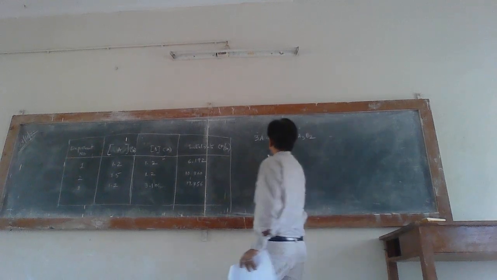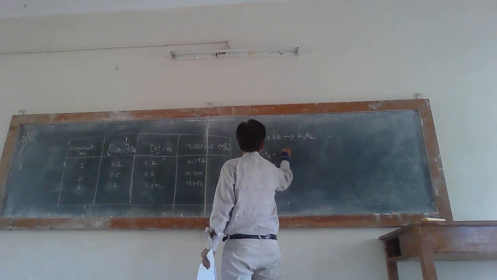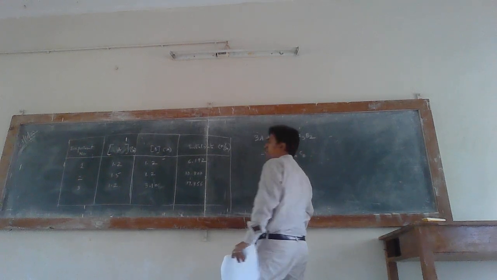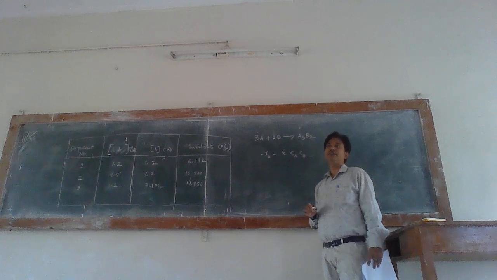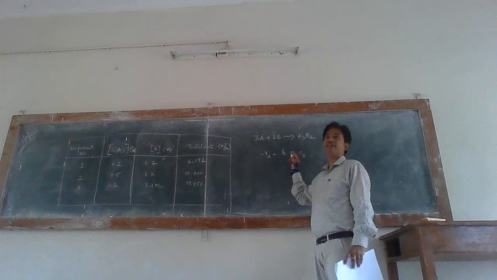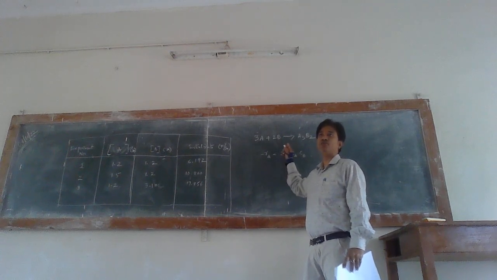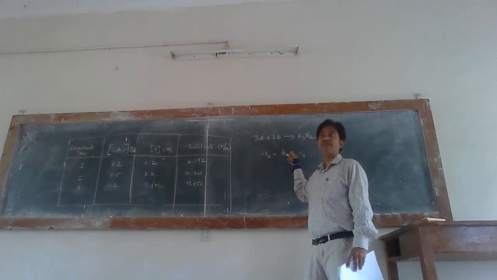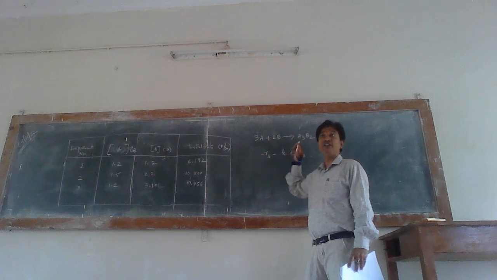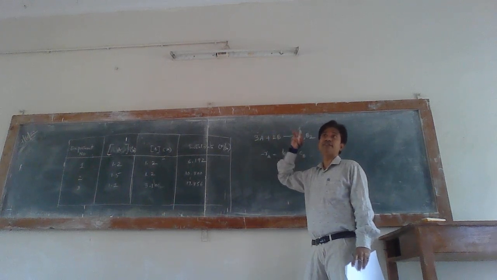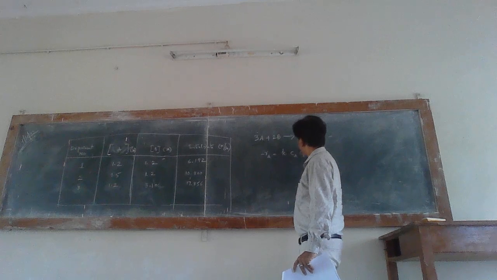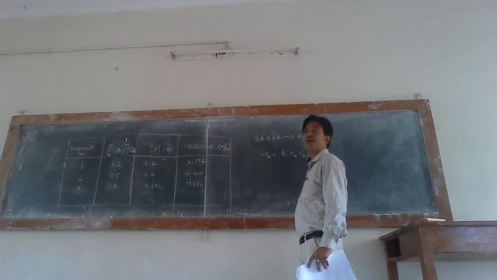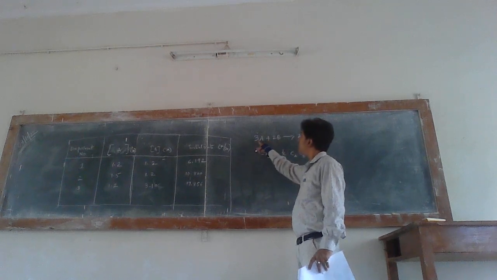So if I write the rate, minus RA, is equal to K times concentration of A, concentration of B, I cannot write n for both, because he mentions it contains concentration of A as well as concentration of B, and he wants the order and the rate expression. So here the order may be different for each.